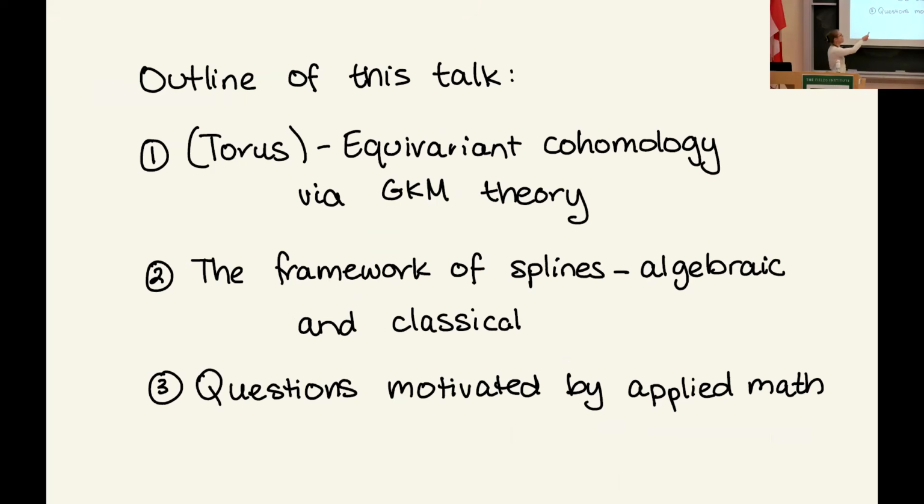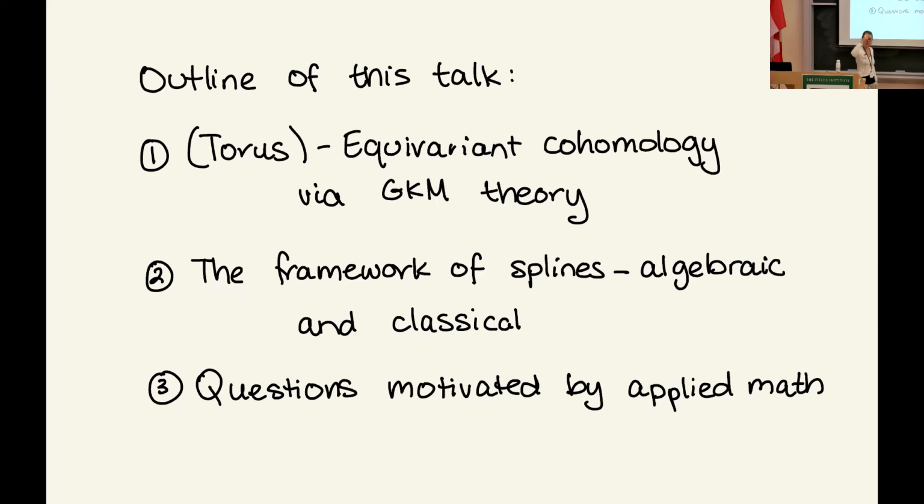So I'm going to give a little bit of a review of some of the things Michaela was talking about at the beginning of the day, some of the torus equivariant cohomology and GKM theory, but also with an eye towards which pieces I'm going to generalize and which pieces are specific to this one particular way of thinking about what I'm going to end up calling splines.